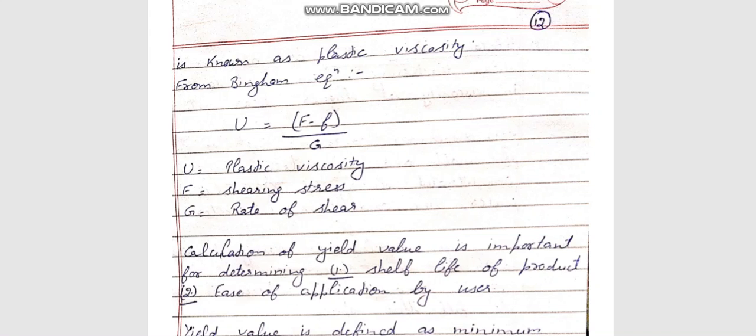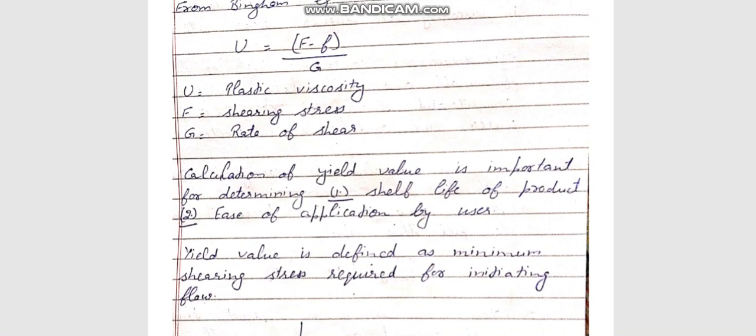Calculation of yield value is important in pharmacy, and it is used in pharmaceutical preparations. How does the yield value help to increase the shelf life or biological half-life of the product? First of all, it is helpful in determining the shelf life of the product, and second, it is easier for the user to use such a formulation if the flocs have been converted into smaller ones.